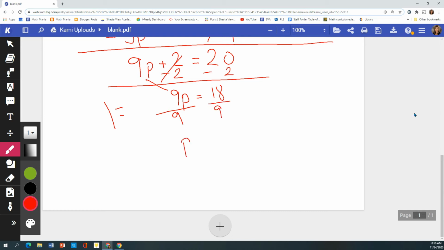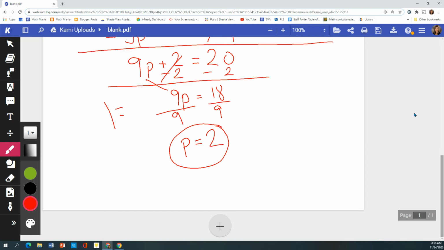So now I'm going to be left with just the p like I wanted to. And 18 broken into 9, you can see that is going to be 2 wholes because 9 times 2 is 18. So now we can see that the answer is p is going to be equal to 2.